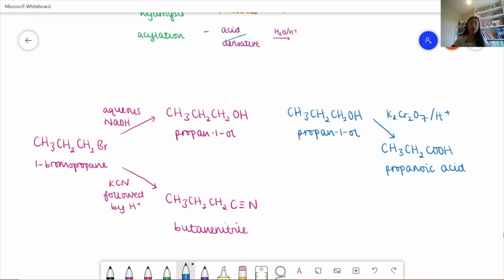And the other way was using the primary nitrile. So we would have propane nitrile. So CH3, CH2, and then C triple bond N. And we could form this by a hydrolysis reaction, so adding water and a H+ catalyst. So this is our propane nitrile.